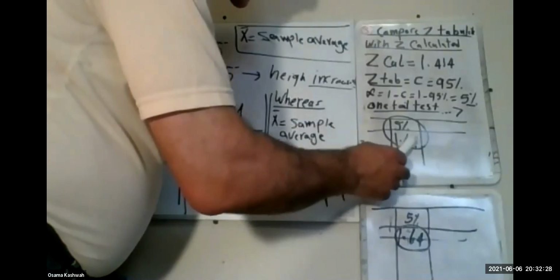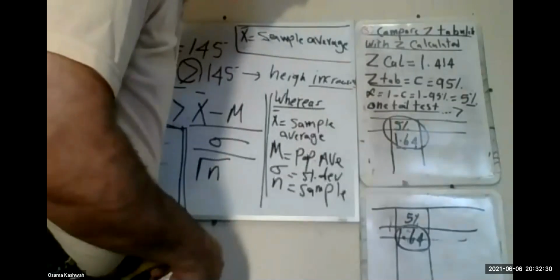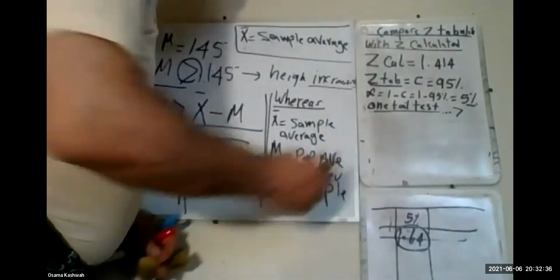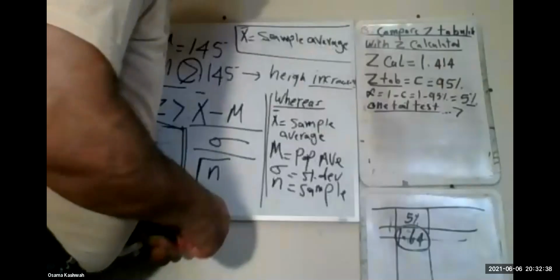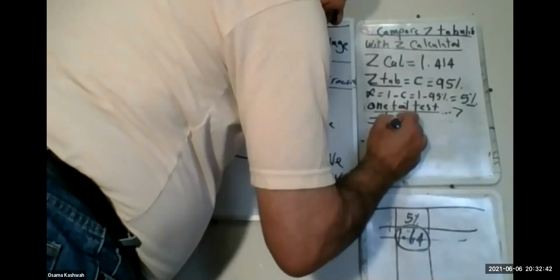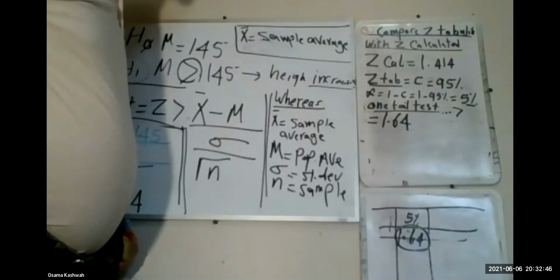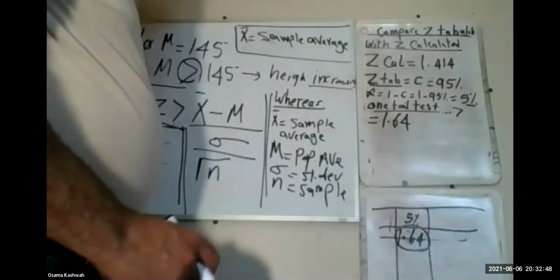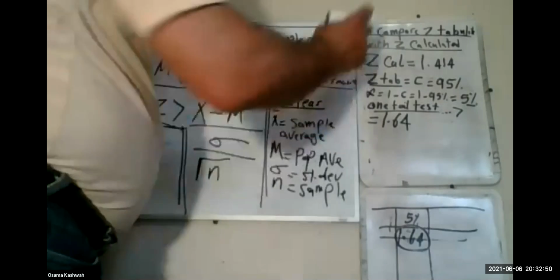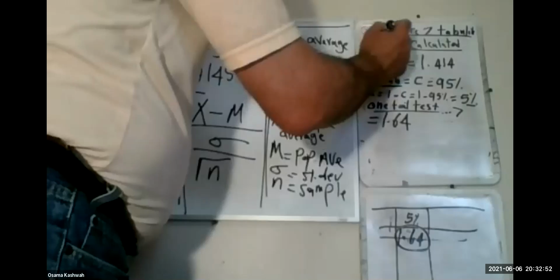Then this is the Z tabulated, and it equals 1.64.